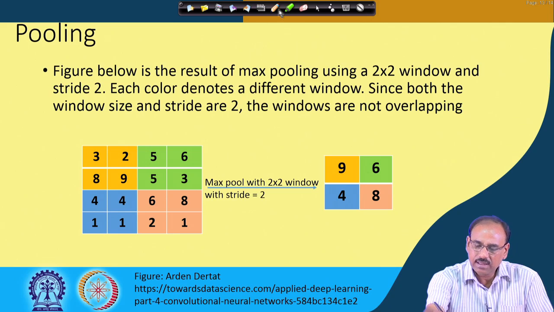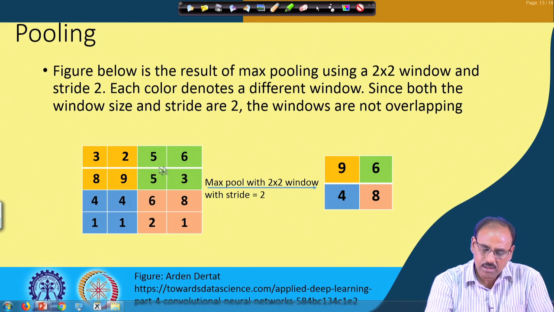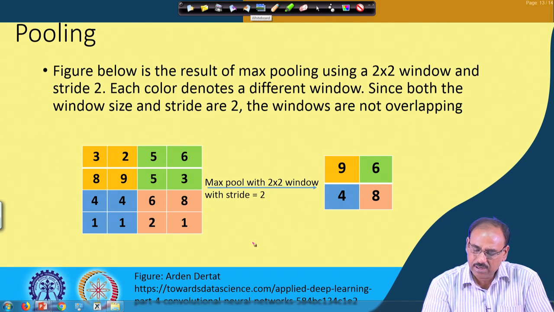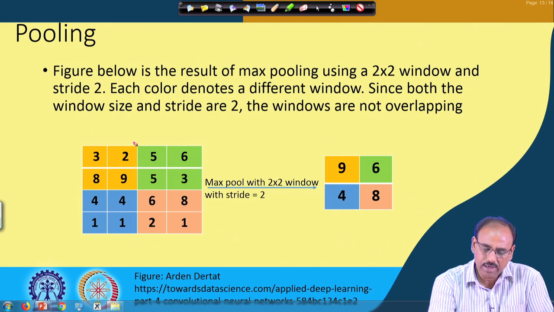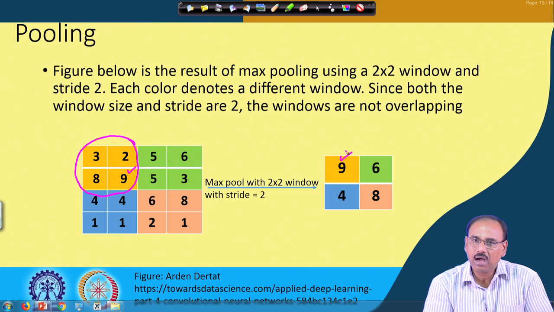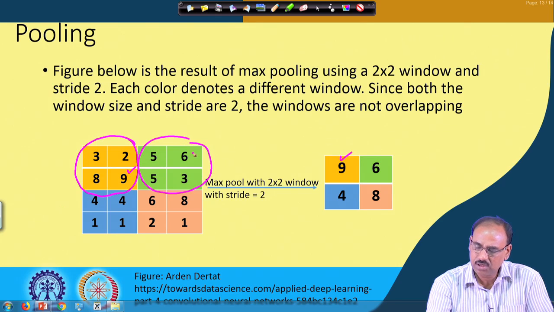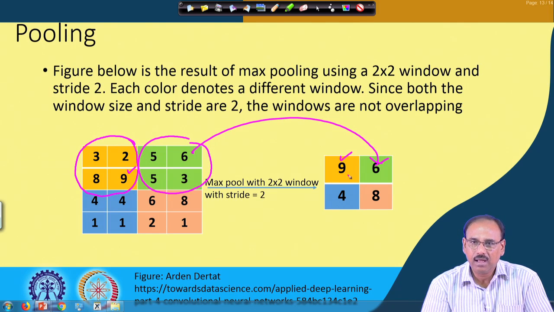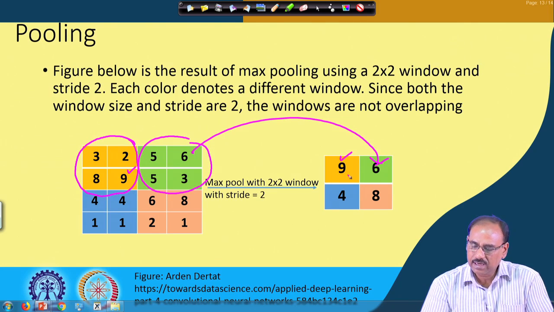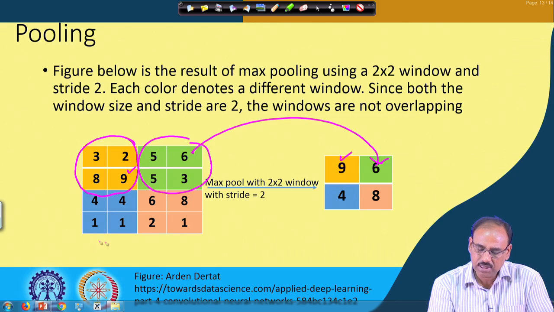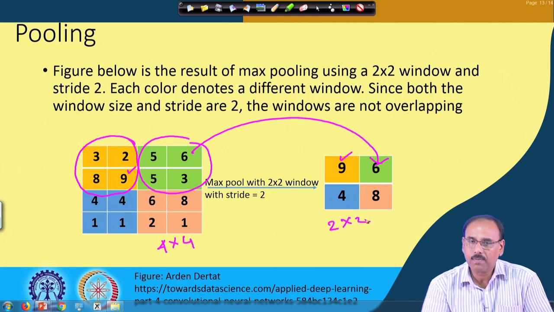As seen in this diagram, with max pooling and stride equal to 2, in this 2 by 2 window the maximum value is 9, so 9 is outputted. Similarly over here, the maximum value is 6, so 6 is outputted. At the same time, the size of the feature map reduces from 4 by 4 to 2 by 2.